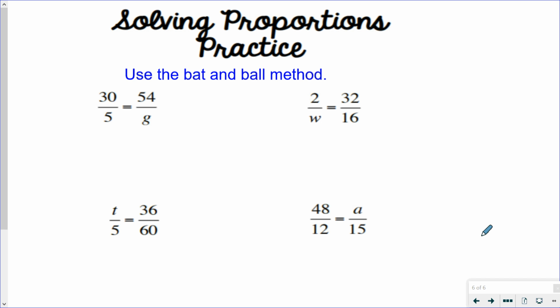So try these 4 problems using the bat and the ball method. Remember, the bat is the part of the problem where the two numbers are diagonally across from each other. So you circle the bat, circle the ball, and divide.